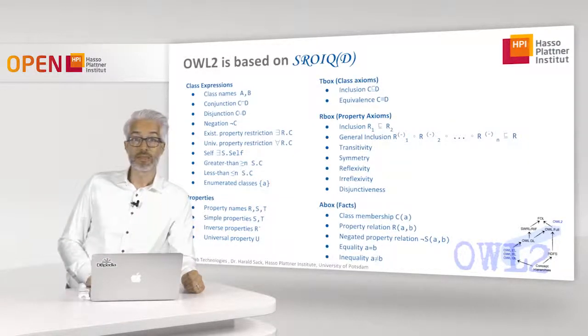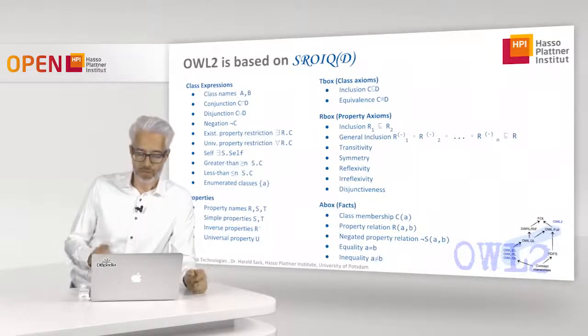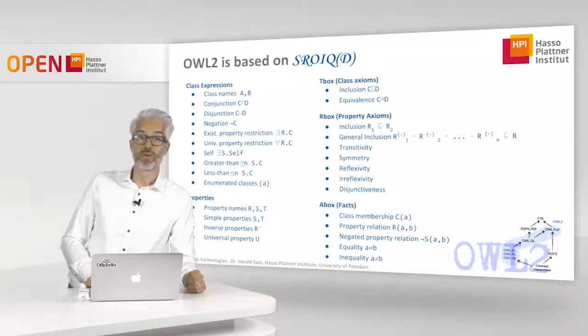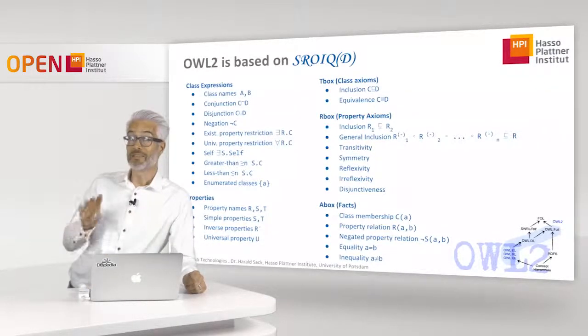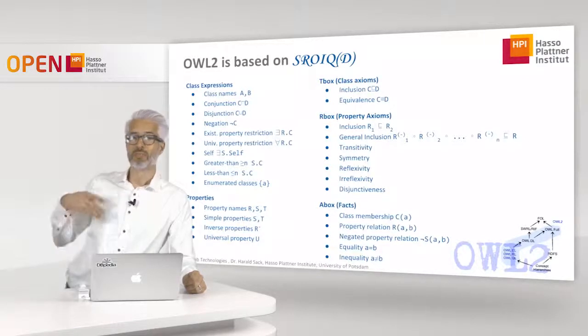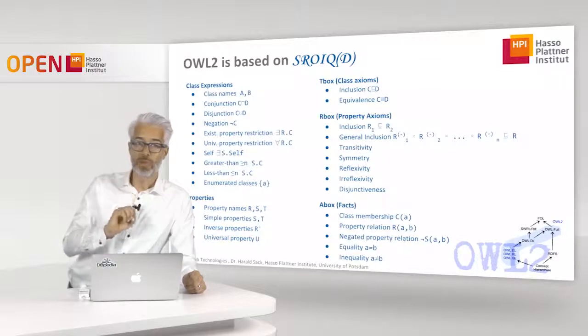So let's have a look at the T-box. There you have axioms about class inclusions and about class equivalencies, and in the R-box, so the property axioms, you also can define property hierarchies, and you have a new construct which is called general class inclusion. This is pretty interesting because here you can define complex properties by joining somehow simpler properties.